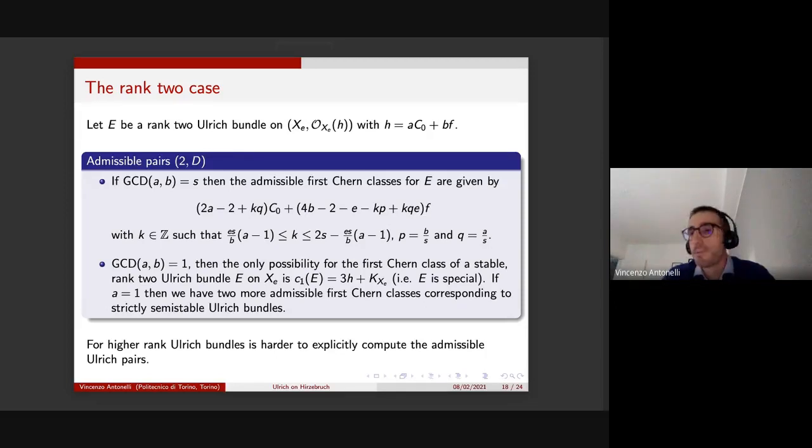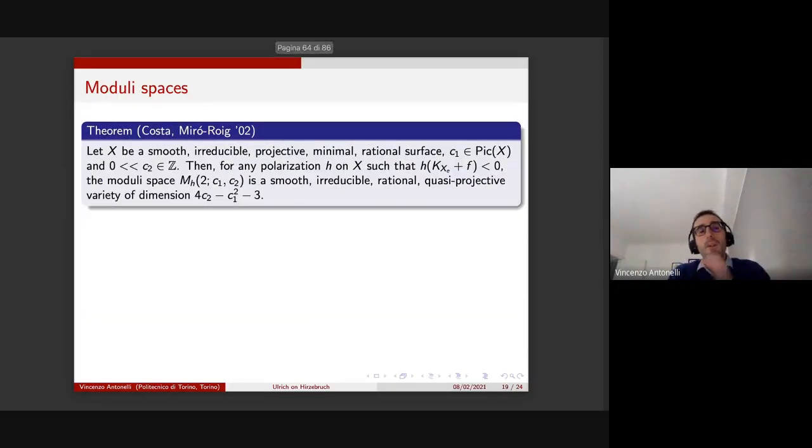Otherwise, it's basically impossible to explicitly write in full generality the admissible first Chern classes. But now, why do we need these admissible first Chern classes? Because if you think about the second theorem, we know the existence of this kind of vector bundles.